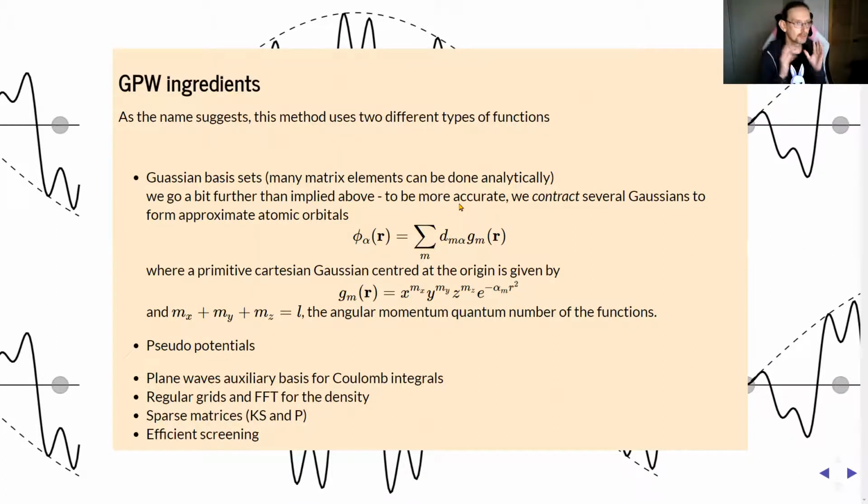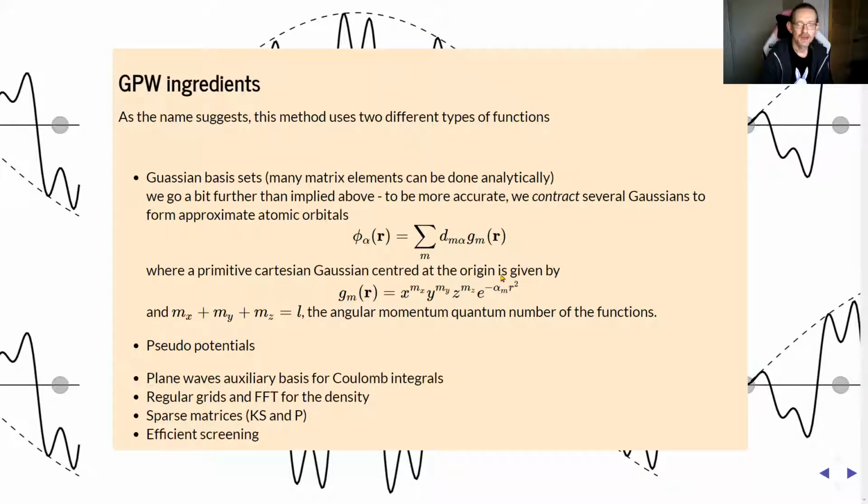So we have a primary basis set. We're going to expand our density of the system on atom-centered orbitals that are a linear combination of Gaussian functions. So on each center, we have a certain number of Gaussians.